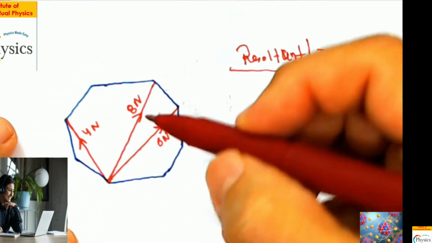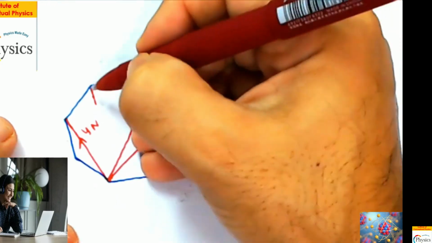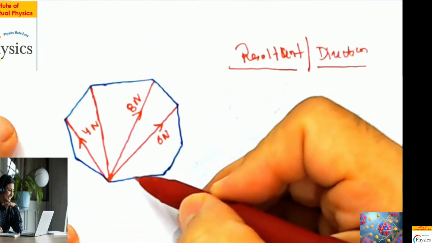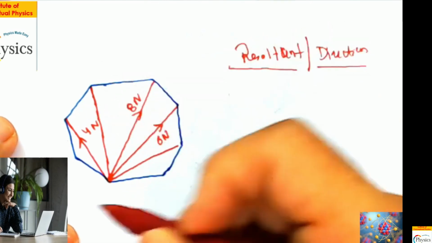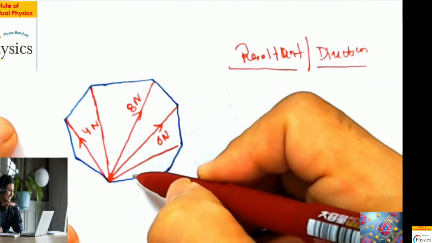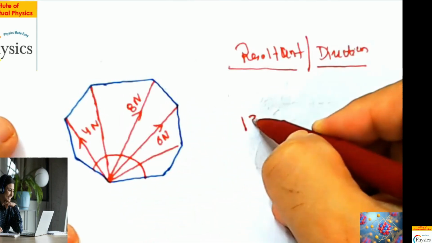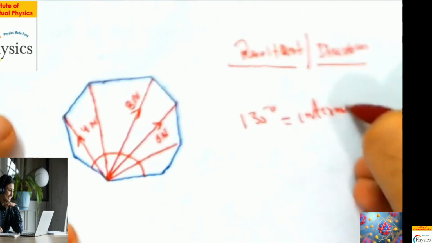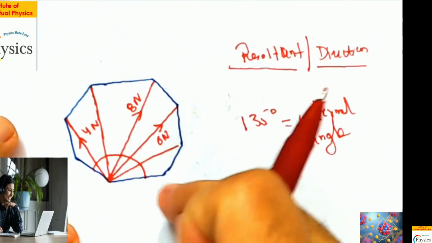Now, if you remember, the octagon, if you draw all these diagonals, I'm just completing the shape of an octagon. If you draw the first one too, which is not part of the force, I'm just trying to explain your geometry. The whole angle is 135 degrees, which is the internal angle of an octagon, pretty well taught in class 8th or 9th.